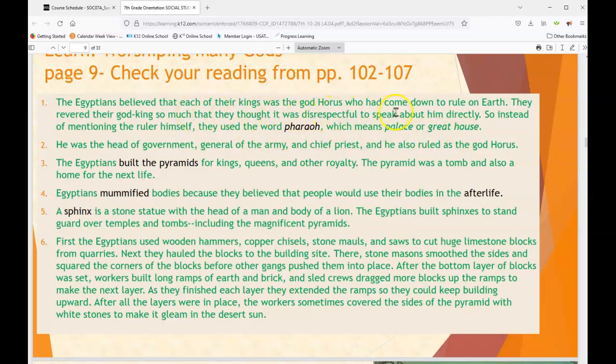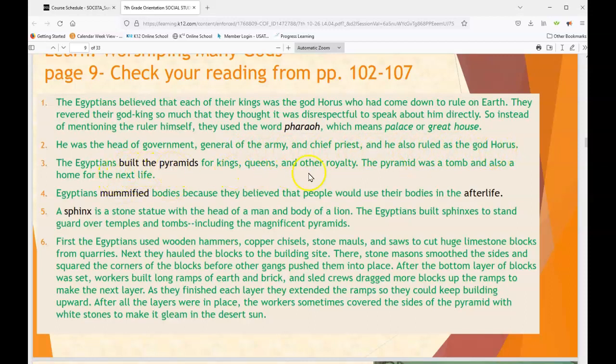They revered their god king so much that they thought it was disrespectful to speak about him directly, so they would just use the word pharaoh when they were talking about the ruler. The pharaoh was the head of the government, the army, the chief priest, and they thought he was the god Horus.